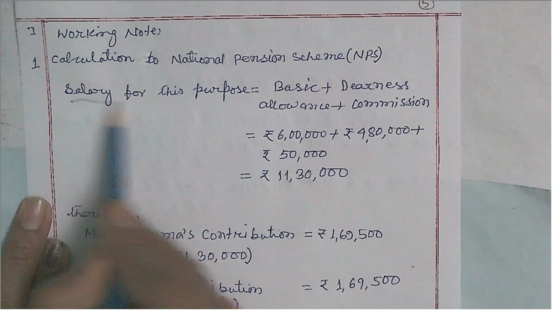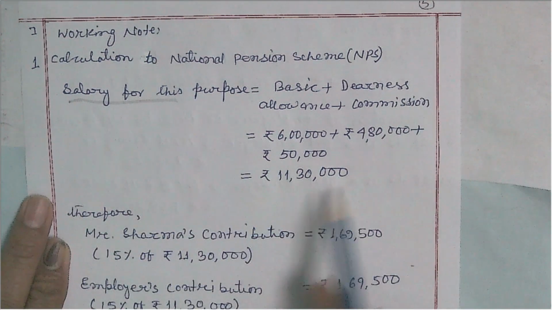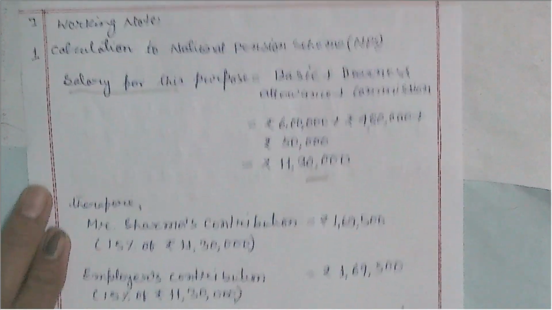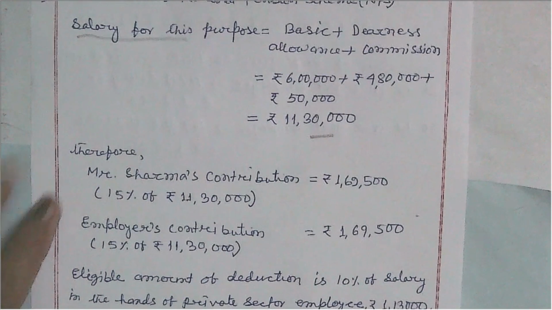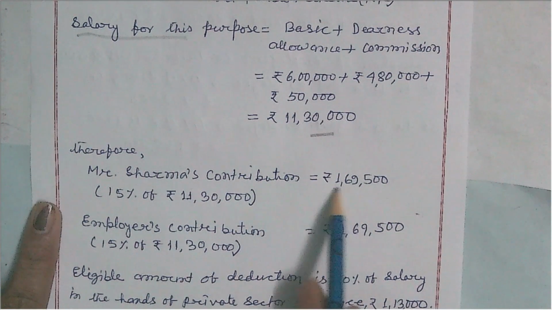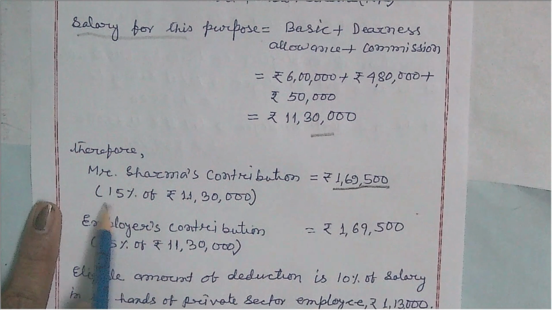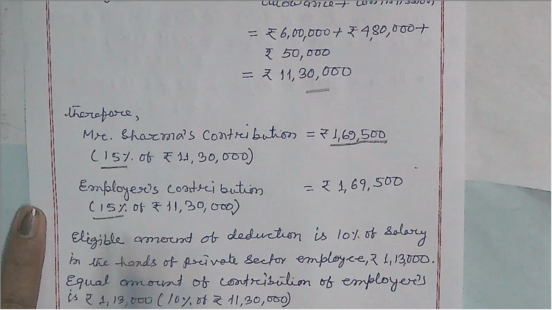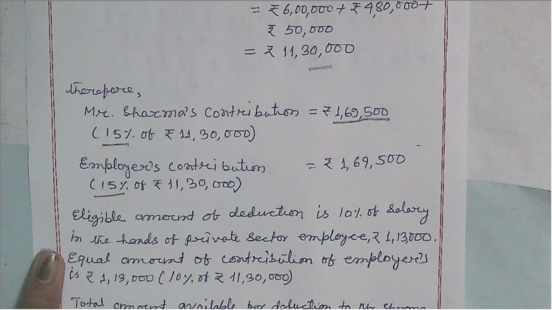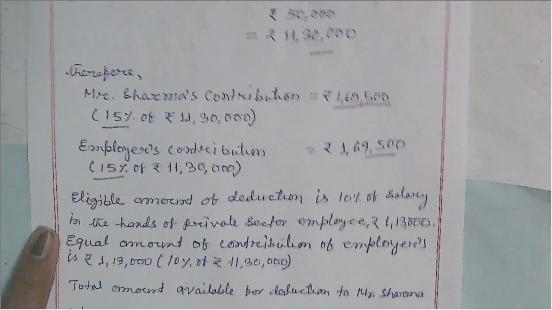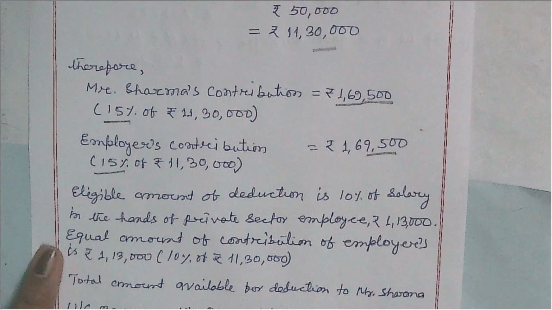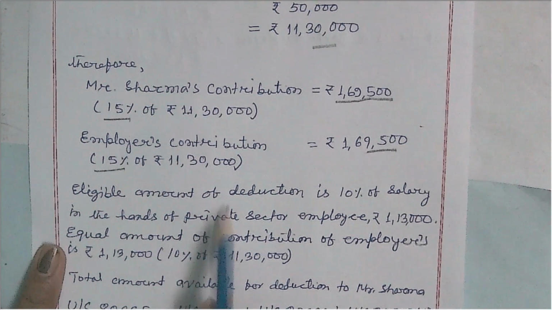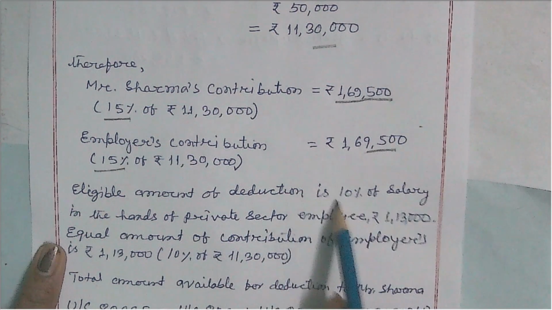Working note is the calculation of National Pension Scheme. Here salary for this purpose is taken, which I already explained, 11,30,000. And then Mr. Sharma's contribution is 1,69,500, that is 15% as given, and the employer also makes a similar matching contribution of 15% of salary, 1,69,500. But here the eligible amount of deduction is 10% of salary.